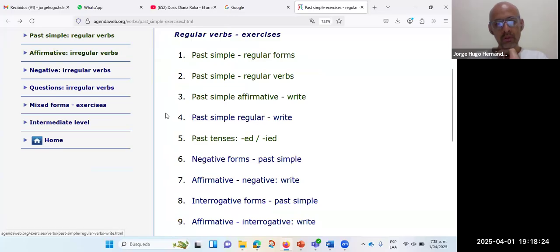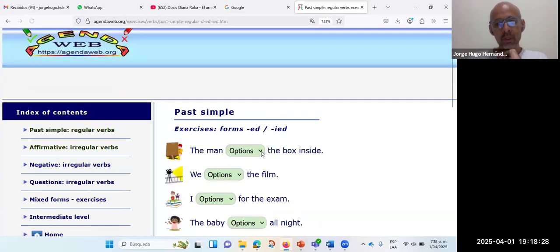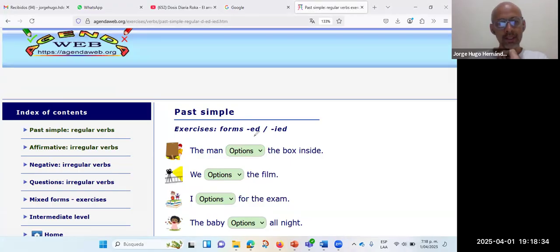You hesitate a little, no? So, let's remember. For example, here we have carry, carried. What is the difference? The verb here is carry. The verb finishes in Y, and before the Y there is a consonant. So we have to change, okay?